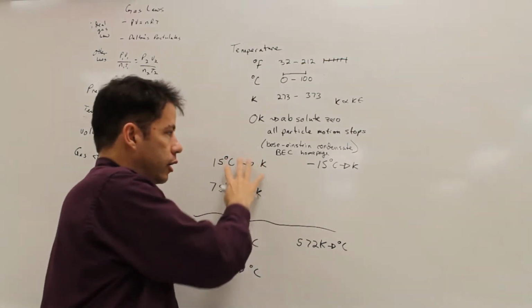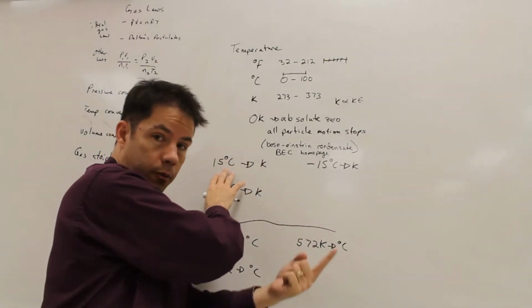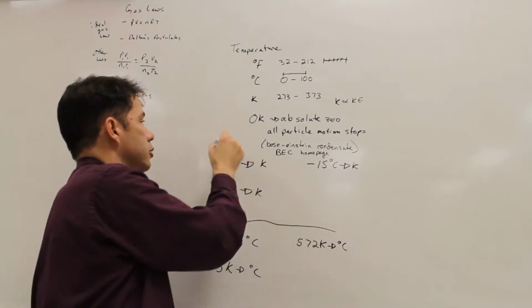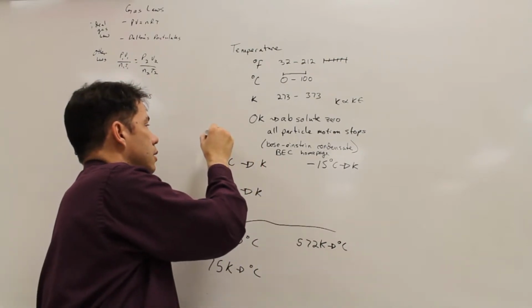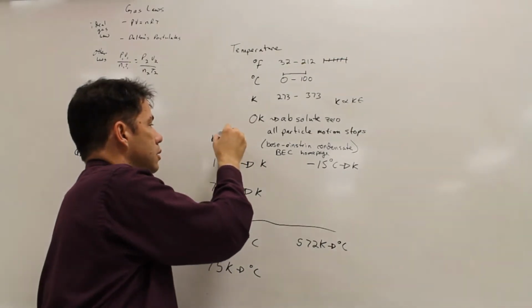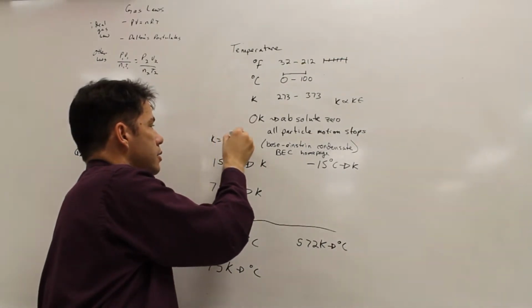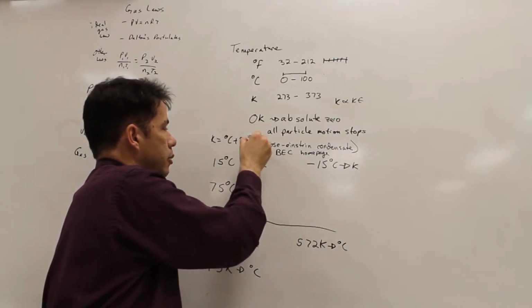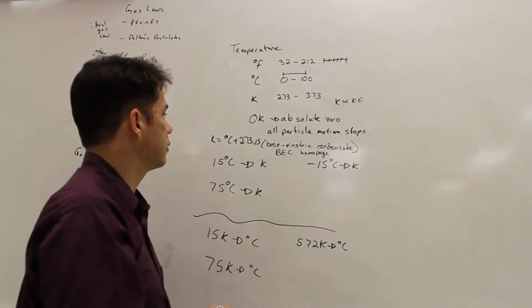So we're going to convert from degrees Celsius, because that's what we're going to measure in, but we're going to calculate in Kelvin. So to do that, Kelvin equals degrees Celsius plus 273. It'll be a more accurate 273.15. Okay?